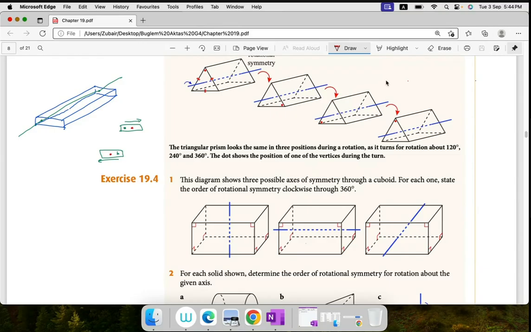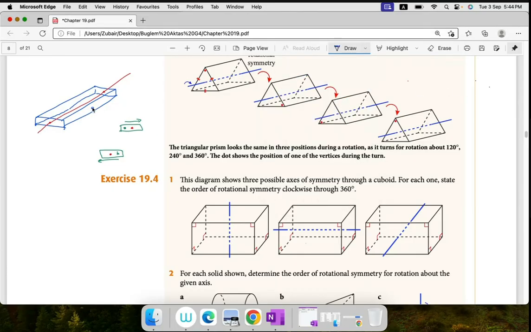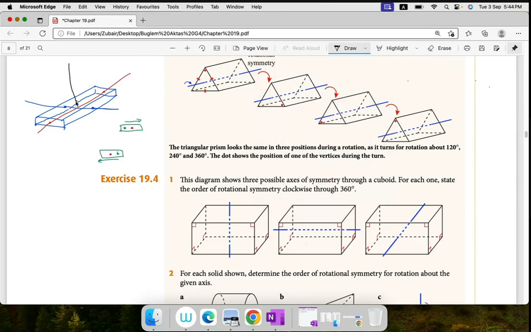And for this same shape, I have three axes of rotation. I pass through this point, exit through this middle one, then I pass through this point, exit through the other middle, and one is vertical. Pass through this point, and this.